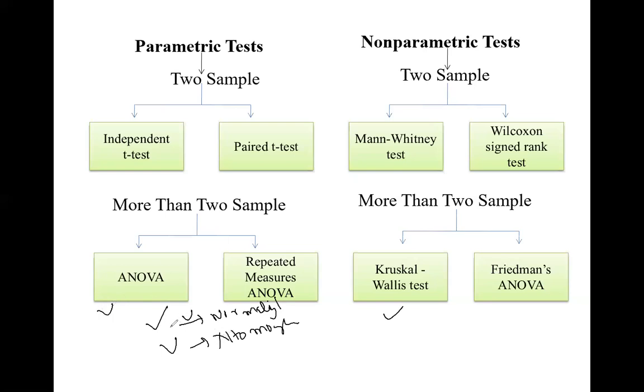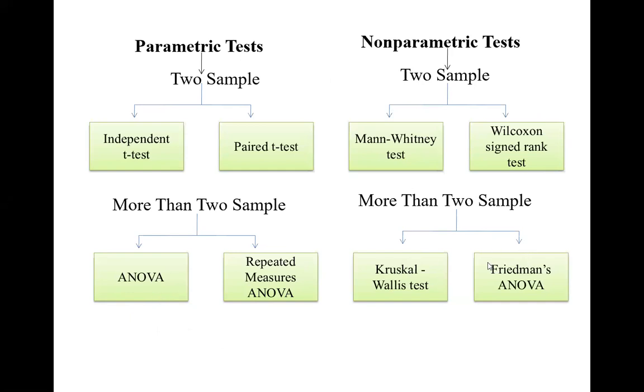If data is not normal but homogeneous, again we cannot use ANOVA. In that case, we use the Kruskal-Wallis test. The Kruskal-Wallis test is not giving any new information, it is the same as the analysis of variance, equivalent to the analysis of variance.